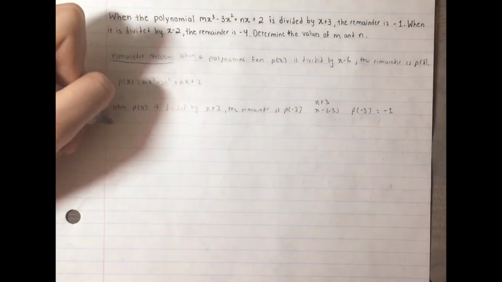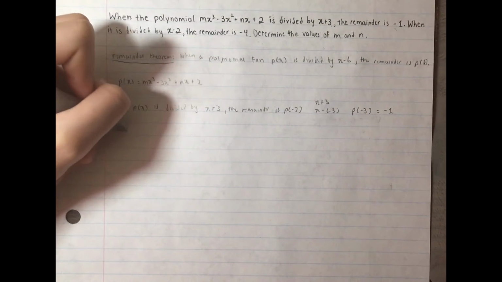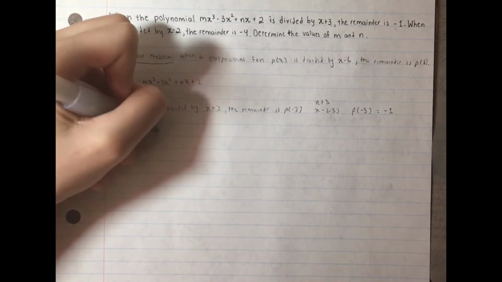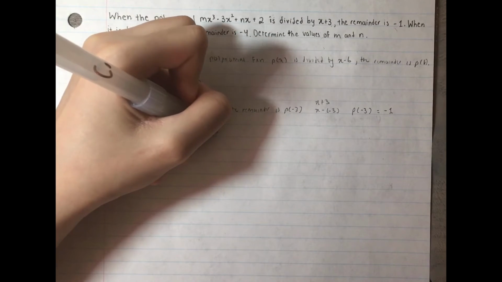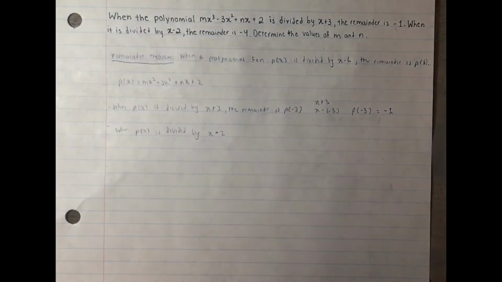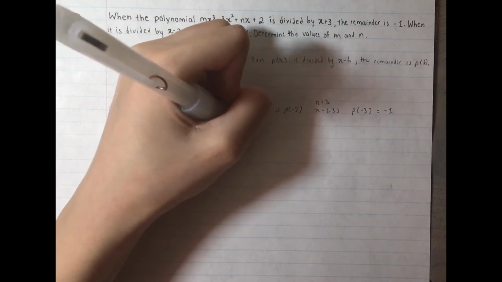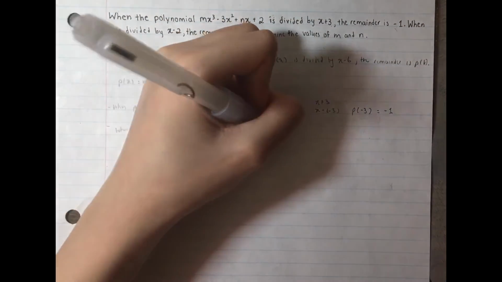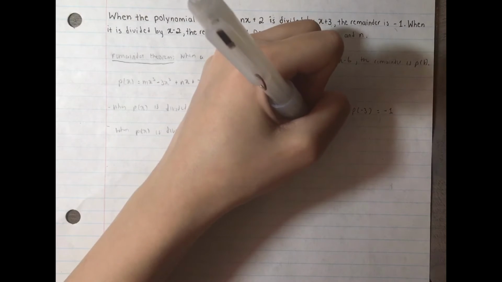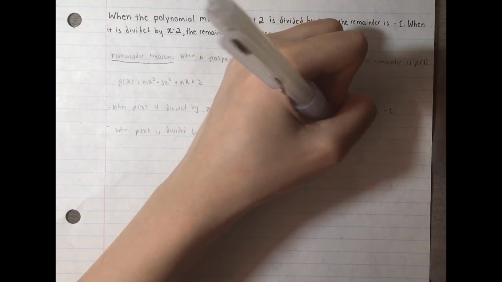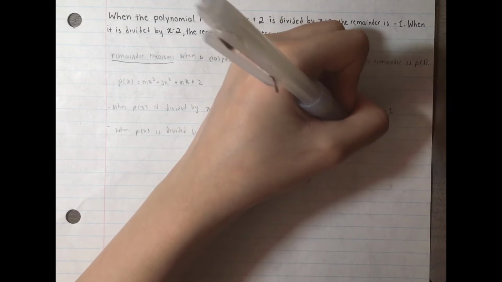Then the second condition is that when p of x is divided by x minus 2, the remainder is p of 2, since b is 2. And thus, using the same logic as above, p at 2 equals negative 4.